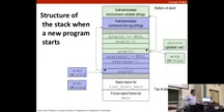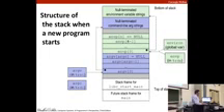All right, so let's look at the structure of the stack when this new program starts. After execve finishes its work, it creates a new stack. It loads in new code and data, and creates a new empty heap. Everything's new.